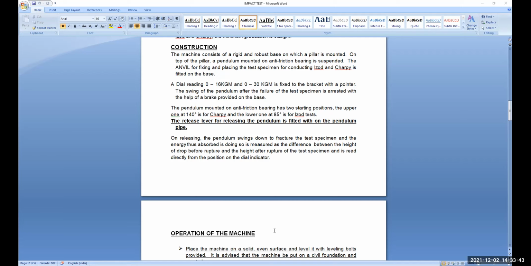And if we place our test piece in its line of movement, it will break the specimen and reduce a certain amount of its momentum. This reduction will be observed over the dial, and it is carried to show the indication on the dial by means of an indicator.